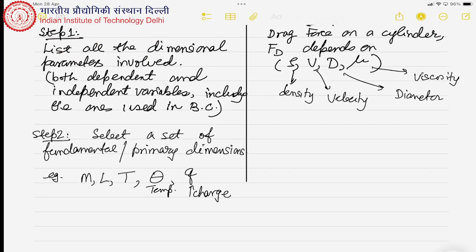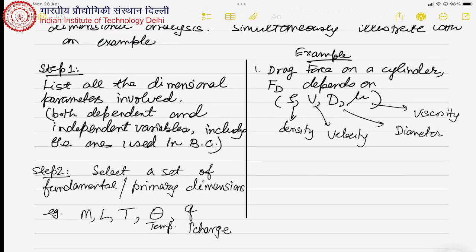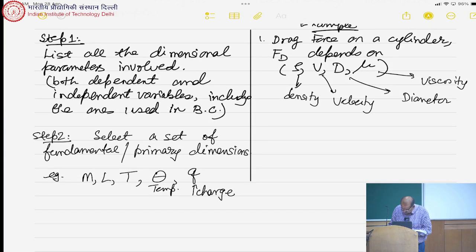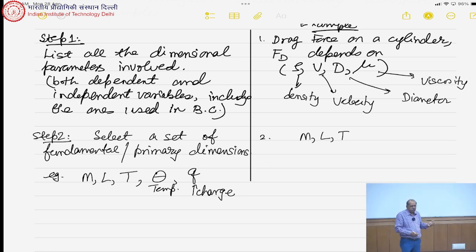And in this example, again, we use mass, length and time, because the dimension of density is m by l cube, velocity is l by t, so l, m and t. Sometimes people, instead of using mass, may also use force.